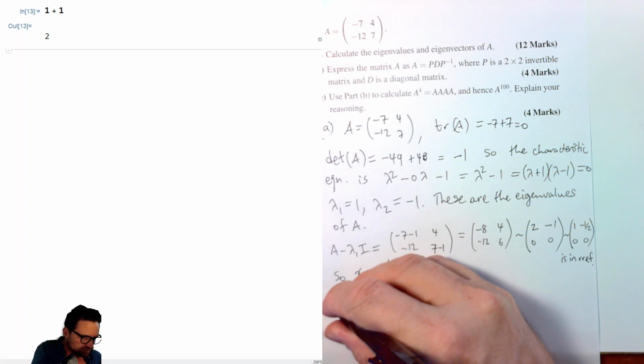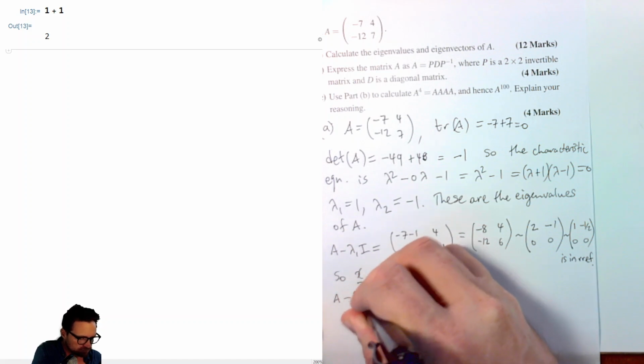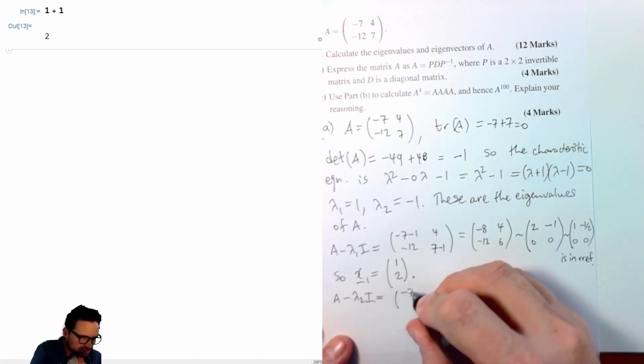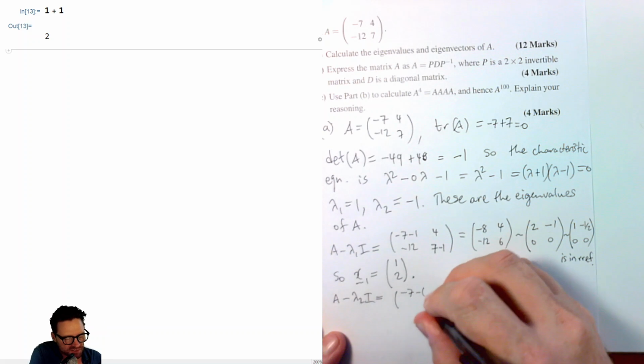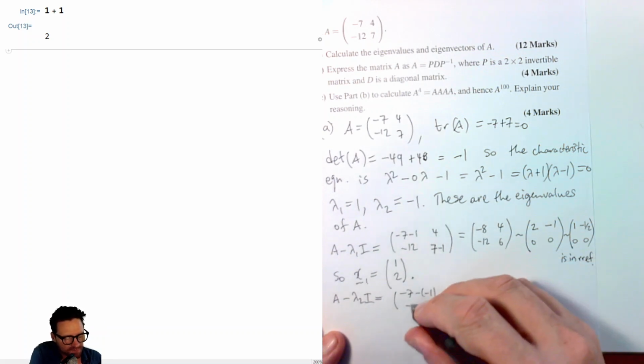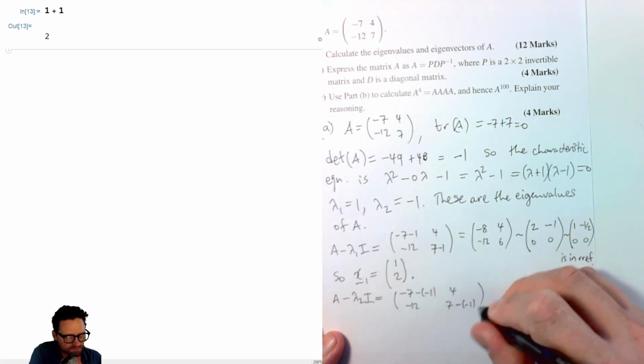Now let's do the eigenvector for lambda 2. So we have minus 7 minus minus 1, 4, minus 12, 7 minus minus 1.